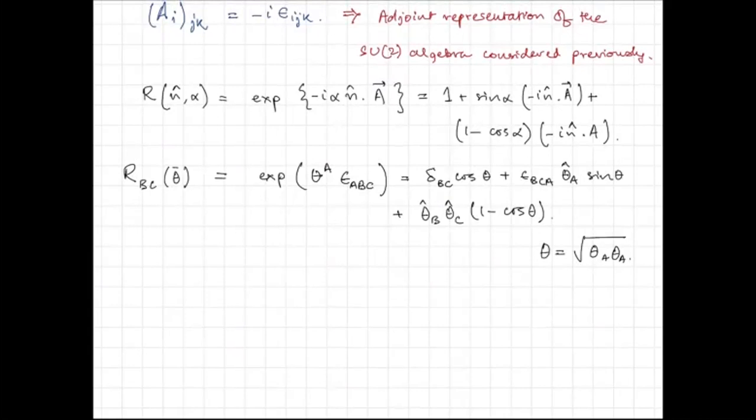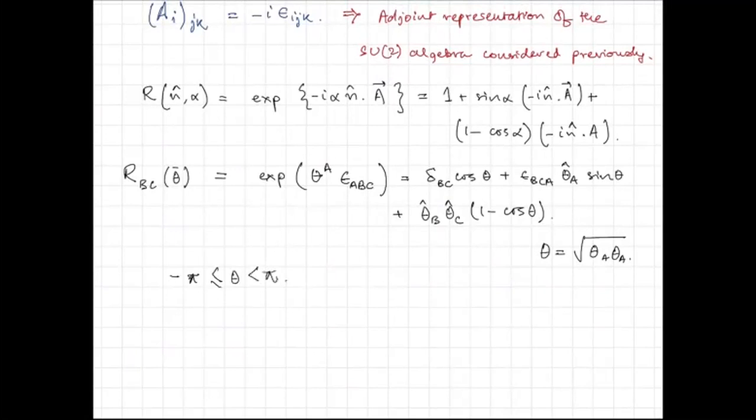You have to remember that the group element is the same for theta_A and theta_A plus 2 pi. So we have to limit the range of theta to minus pi less than or equal to theta less than pi. Okay, so this is something that we need to do.